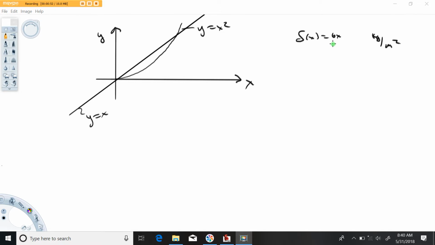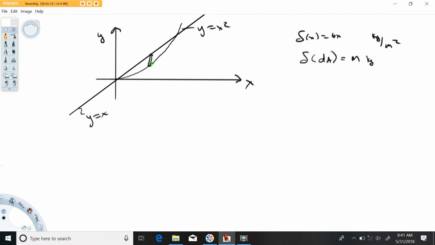That means if it's a mass per unit area, if you multiply by some sort of area, which I'll just call dA, you get now a mass in kilograms. So to find the centroid here, weighted by mass, we're going to start by drawing a differential element. I'm going to go ahead and draw a vertical one again.